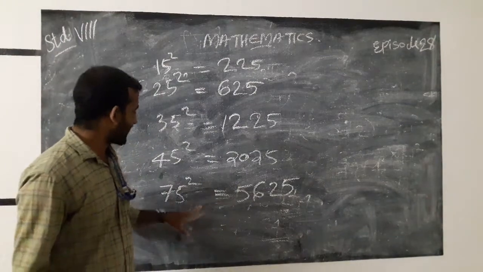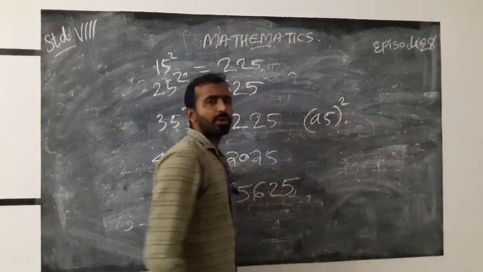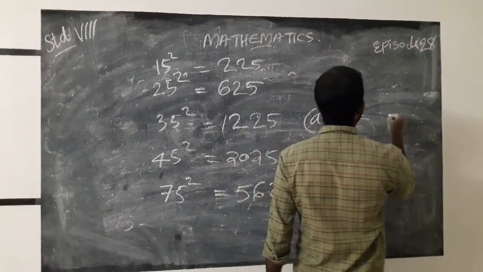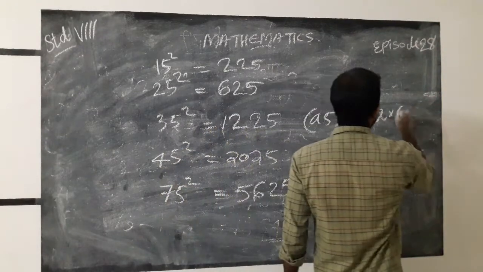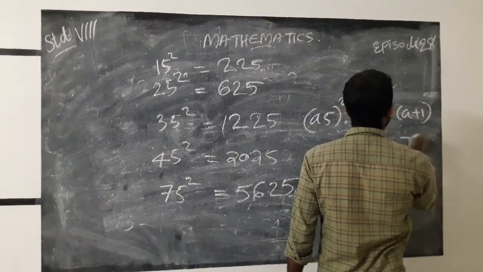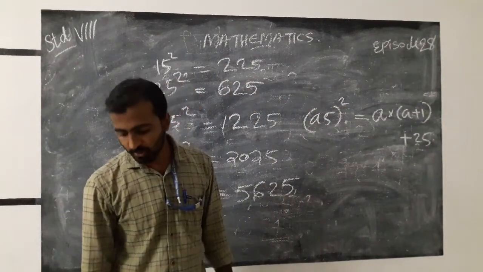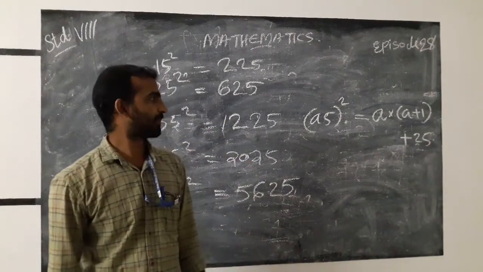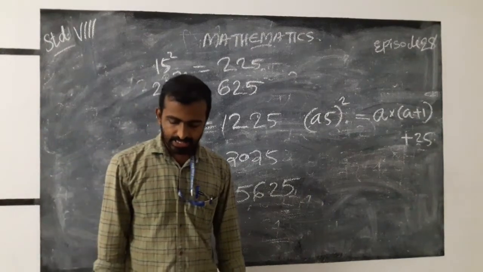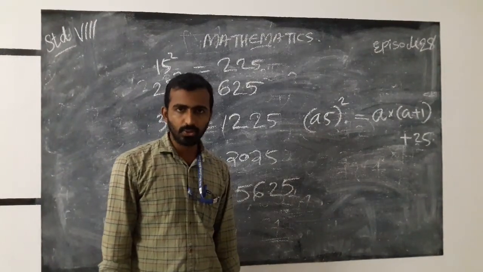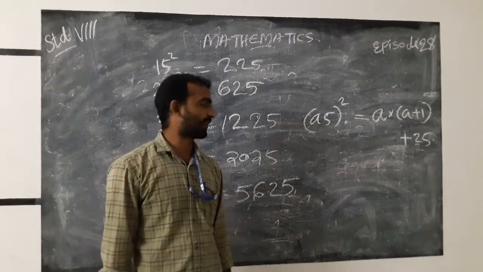Generally we can say that (A5) the whole square, where A is a number or digit, we can write as A into (A plus 1), plus 25. That is, A into (A plus 1) times 100 plus 25.